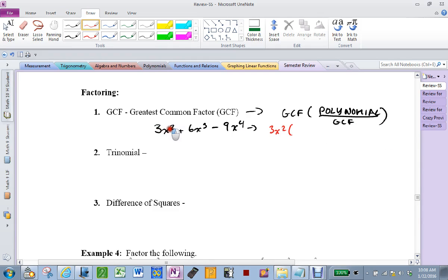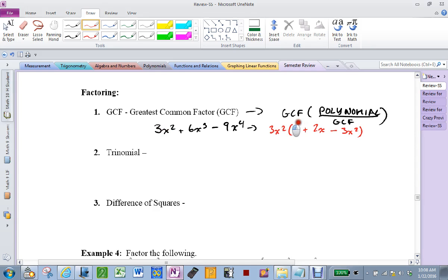3x squared divided by 3x squared. What is that? 1. 6x cubed divided by 3x squared, 2x. Minus 3x squared. Can you double check it to make sure it's right? Will you? Most likely not. But it takes 2 seconds. 3x squared times 1 is 3x squared.